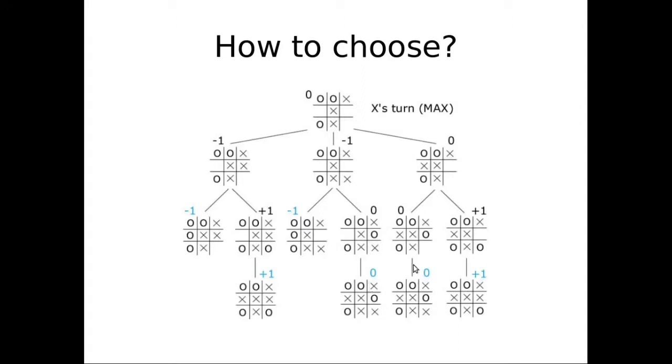In this level, each node only has 1 child, such that its value is the same as its child. Between these 2 levels, it's O's turn to move, and O will take the minimum value, such that each node's value will be its children's minimum value, as you can see: negative 1, negative 1, 0. Is it clear? I will give you some time to think about it.